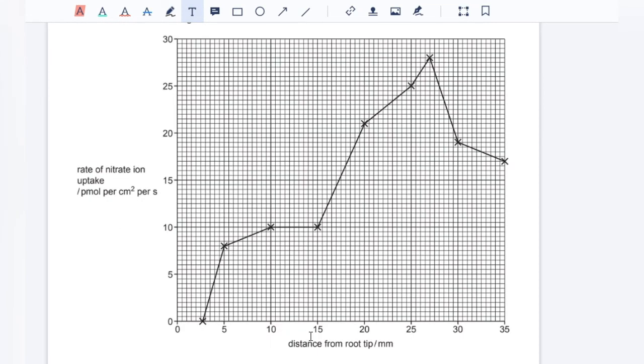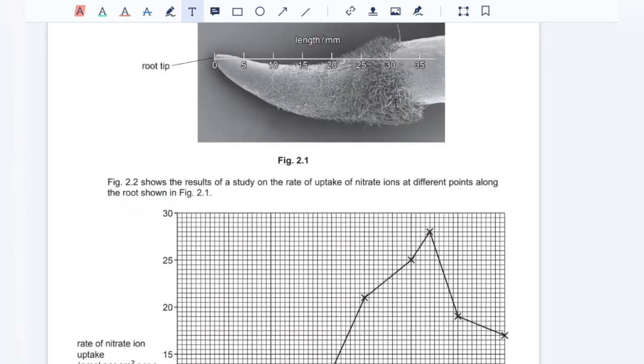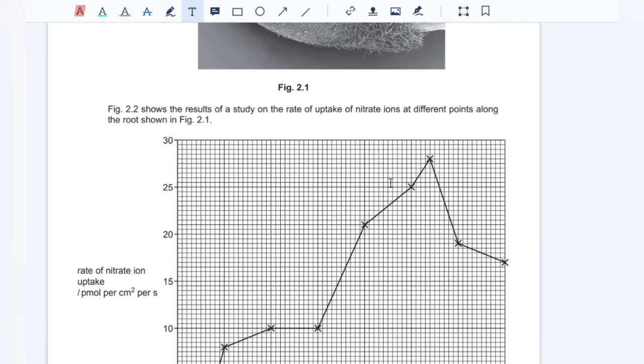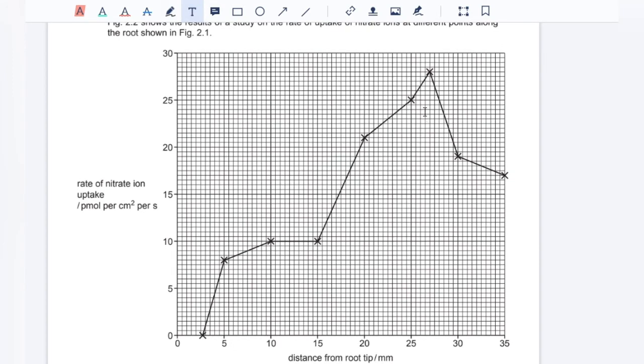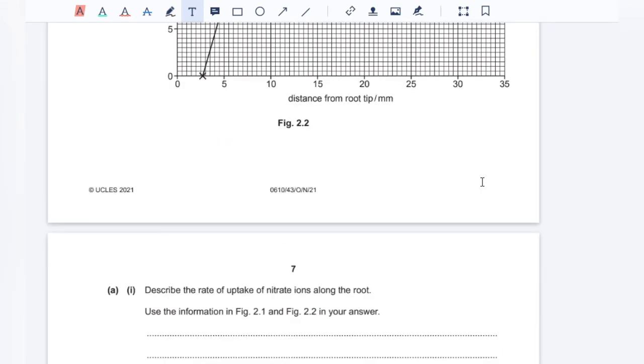As the distance from the root tip increases, the rate of nitrate ion uptake will increase, because the root hair cells will become more common, and then above a certain length, somewhere around here, the root hair cells will not be present any longer, which is why you will see this decline in the rate of uptake of nitrate ions.